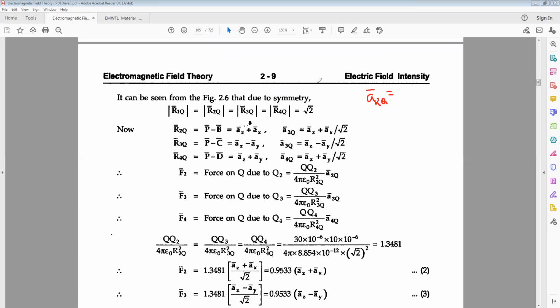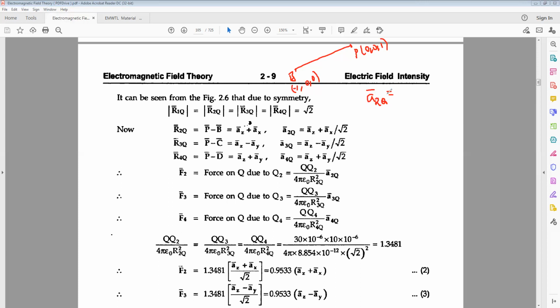That is point B, and the P point is 0, 0, 1, and the B value is minus 1, 0, 0, I think.